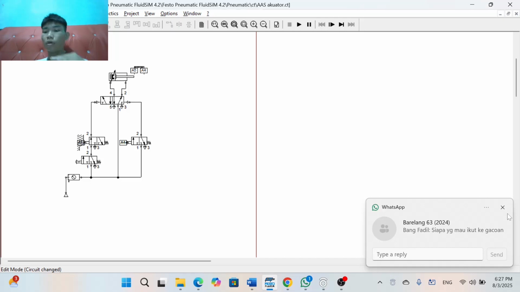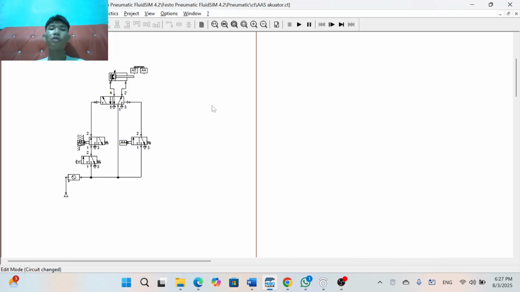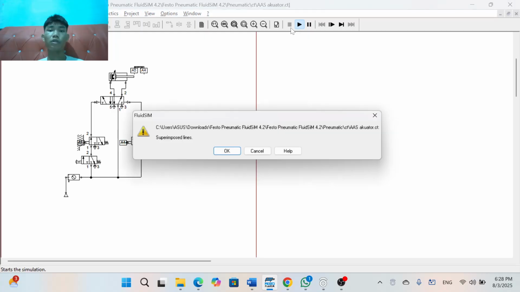So it will continue again and again until we don't click the selector switch anymore.